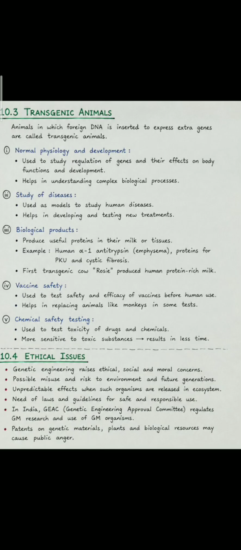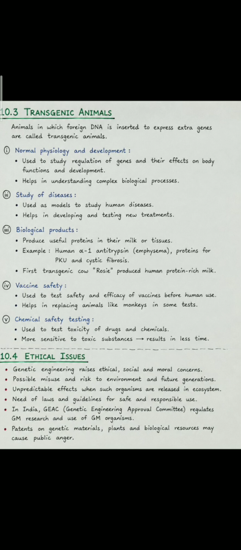If successful and found to be reliable, they could replace the use of monkeys to test the safety of batches of the vaccine. Means if any vaccine is discovered, it is first tested experimentally on rats only. If then successful, it will be used in humans.